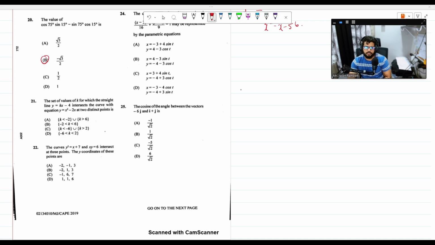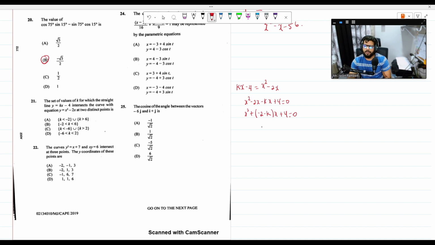So we will substitute y into the second equation. kx minus 4 is equal to x squared minus 2x. x squared minus 2x minus kx plus 4 is equal to 0. x squared plus minus 2 minus k x plus 4 is equal to 0.